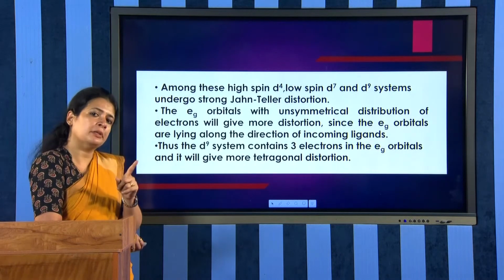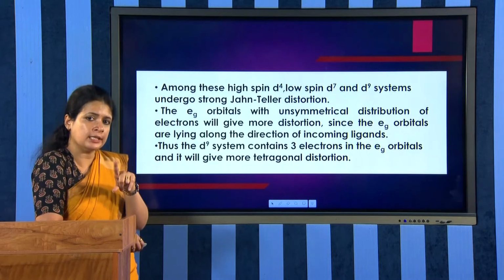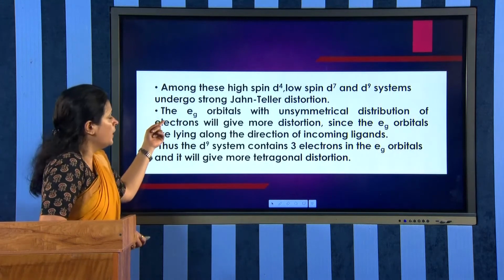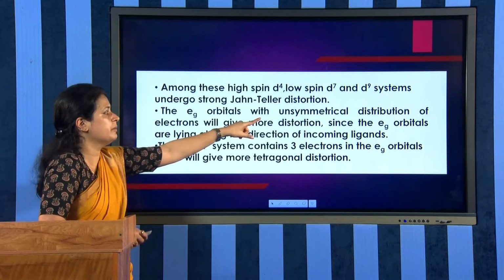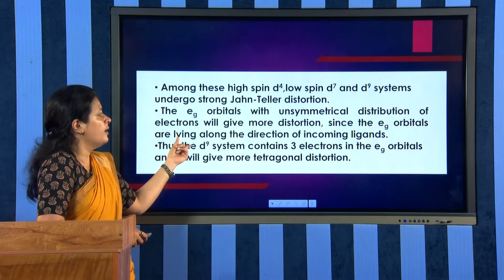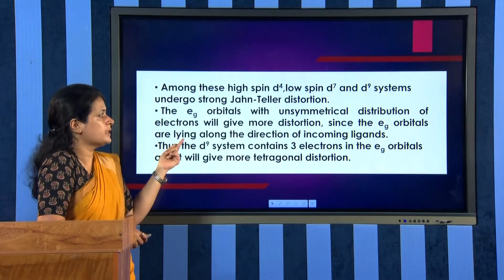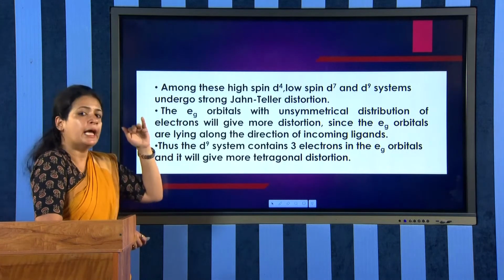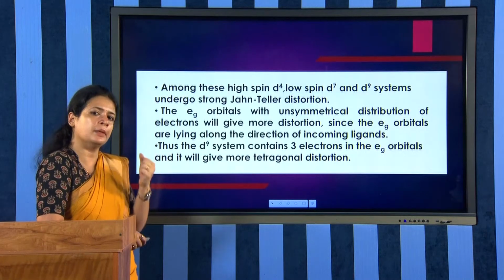Eg1 is an unsymmetrical arrangement, eg3 is an unsymmetrical arrangement. So, the eg orbitals with the unsymmetrical distribution of electrons will give more distortion, since eg orbitals are lying along the direction of the incoming ligands.